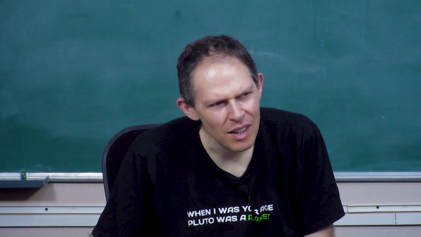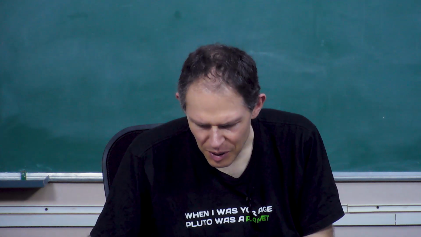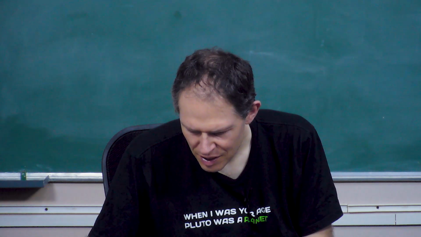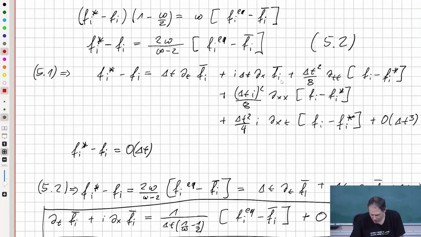I did not get your question. In the first line, 5.1 gives, you mean here? Yes, there. You have that the first term is order delta t, and then you have delta t square times the second derivative terms, this one? Those terms, yes. Where did they go?